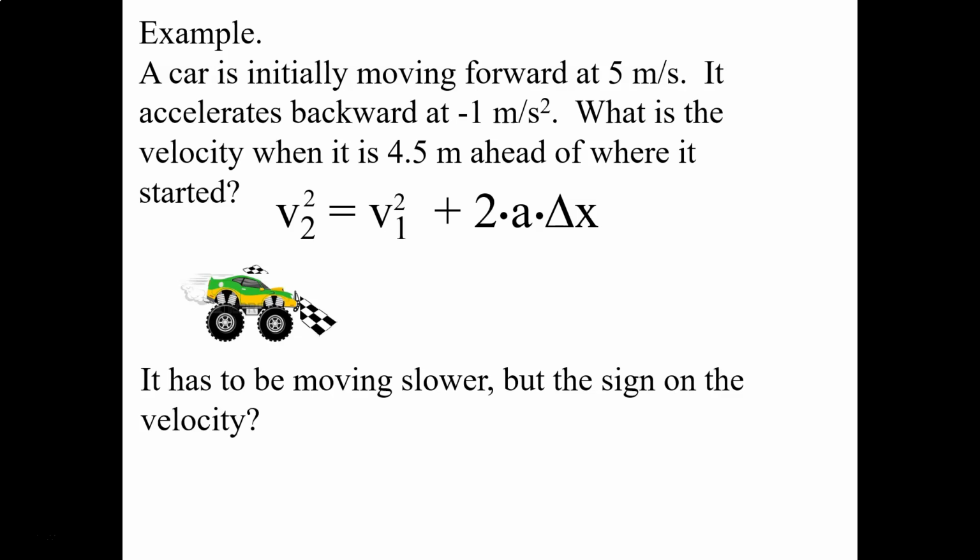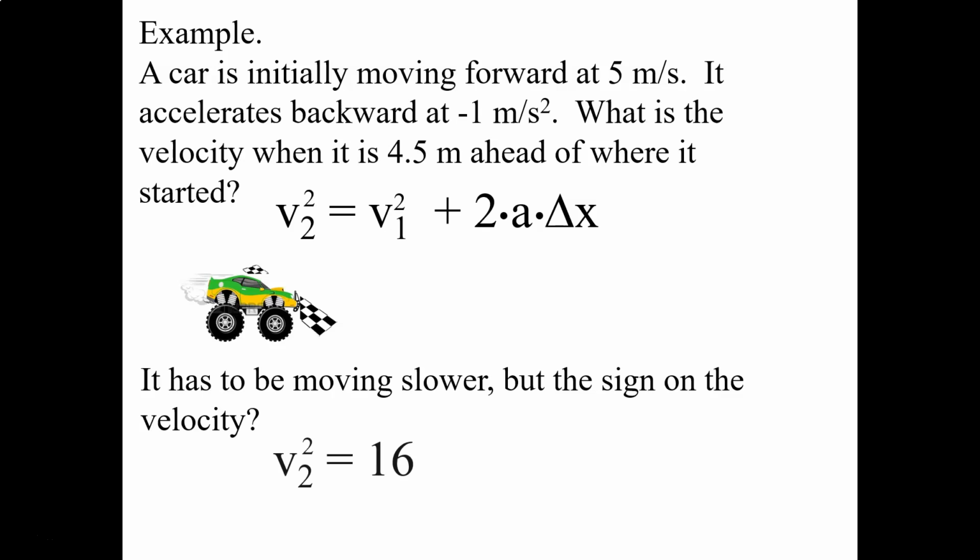So here we've got a car. It's initially moving forward at 5 meters per second, and it accelerates backwards at 1 meter per second squared. What's the velocity when it's 4.5 meters ahead of where it started? Well, think about it. Okay, there's actually two answers for that.